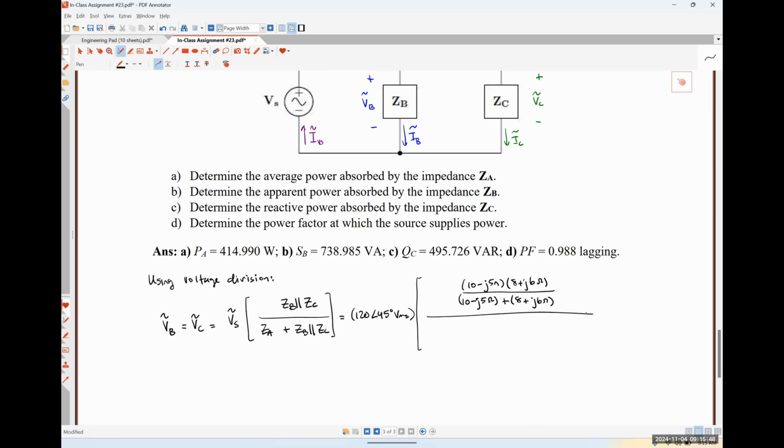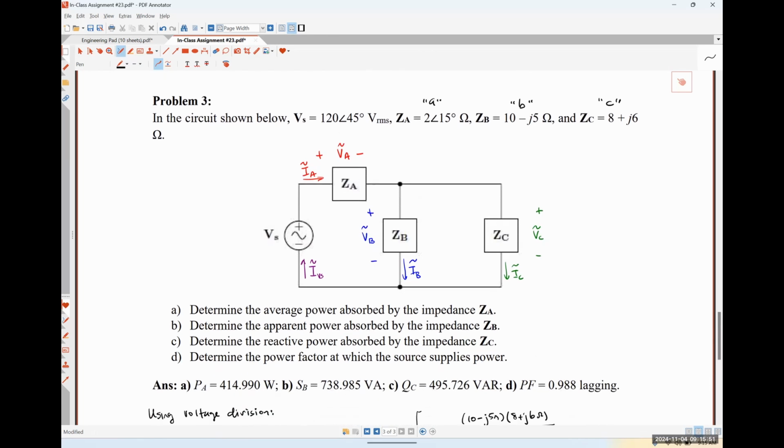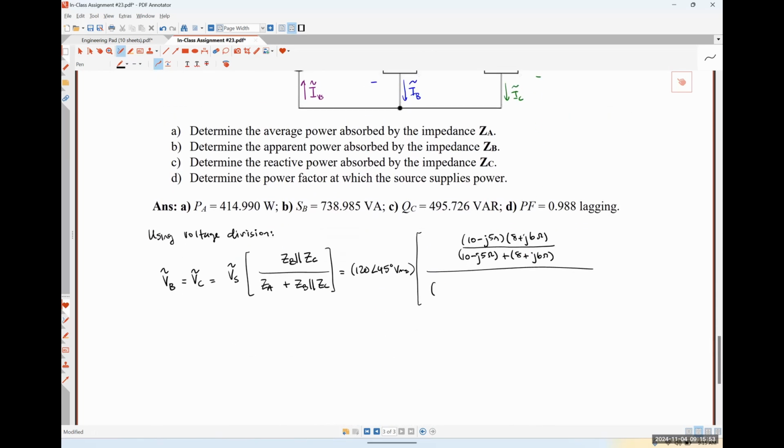All over ZA, which was 2 angle 15. And I'm just going to put here plus numerator so that I don't have to write all of that out again because it is literally what's in the numerator. Are you all okay with my lazy approach here? Okay.